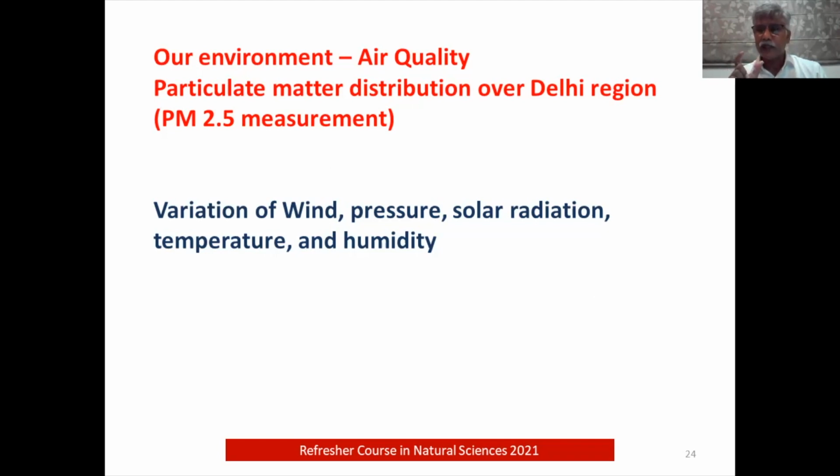So how is the diurnal variability changing? Diurnal variability means how it changes every hour and how it changes over 24 hours, that is, in one day. These fine-scale observations are very important to understand how particulate matter concentration changes with time.